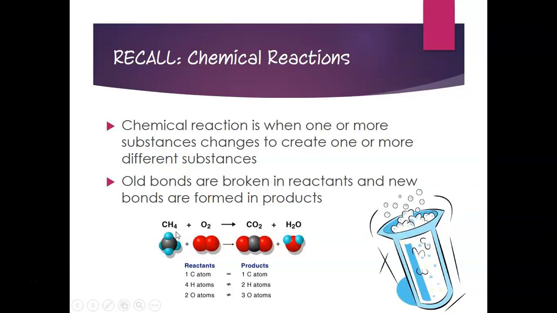So something like CH4 plus the oxygen, these are your reactants, right? So I've got one carbon to work with, 4 hydrogens, 2 oxygens, and we're going to break the bonds in these reactants so that I can rearrange them to make the products over here, in this case CO2 and water.